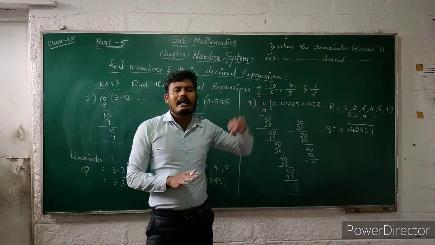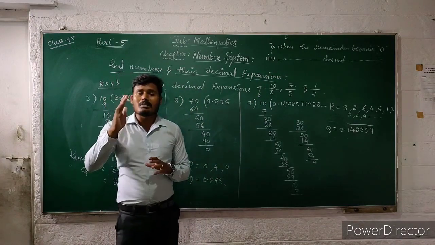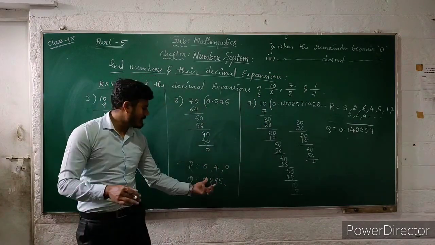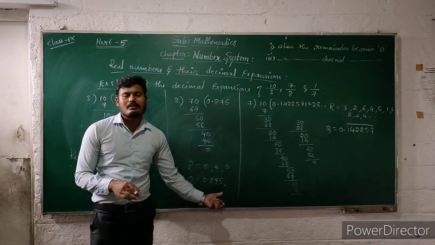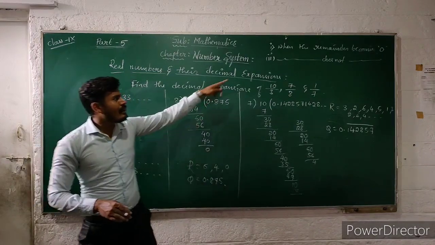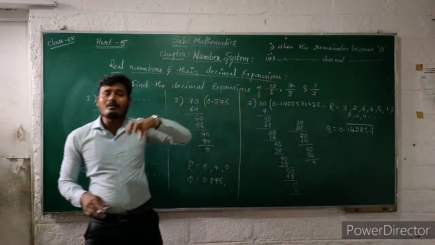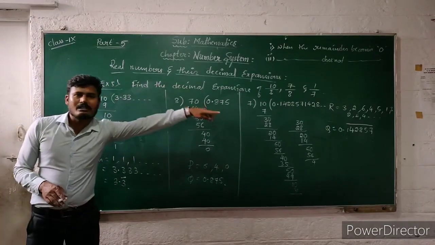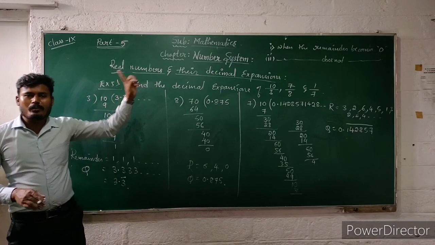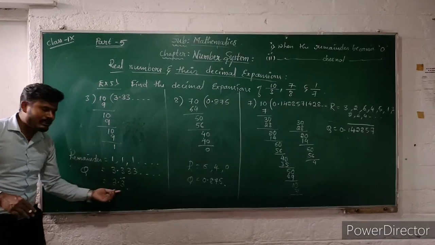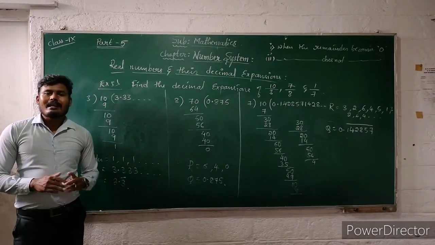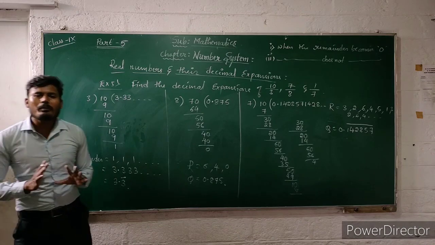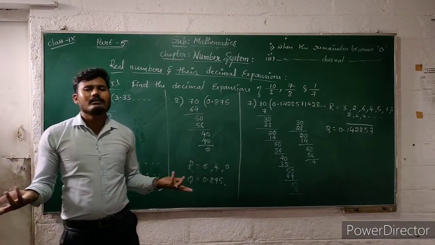If case 1 occurs, then the decimal expansion is terminating. If the remainder does not become 0, like in these two problems, the decimal expansion is non-terminating.